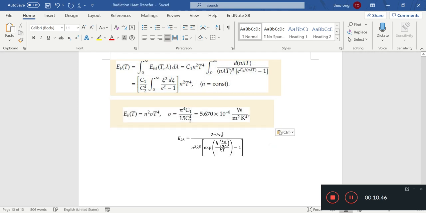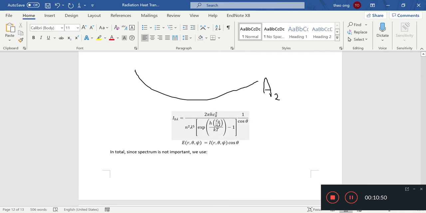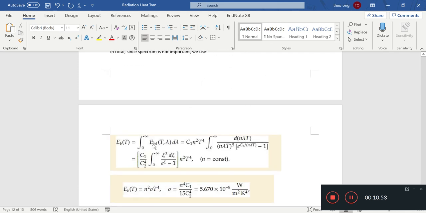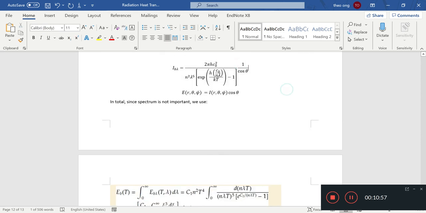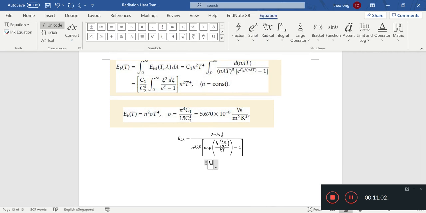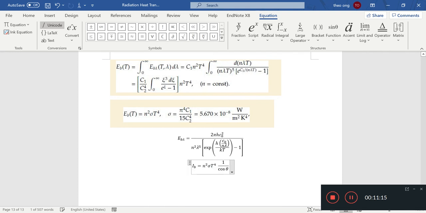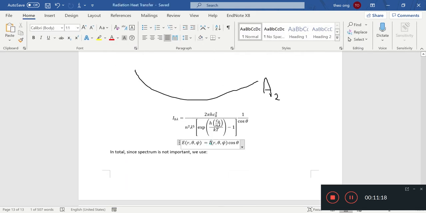This is integrating across all angles, and there's nothing to do with the directionality of it. So we can just say that I_B equals n squared sigma T to the fourth over pi, after integrating across all spectra, with the 1 over cosine theta because this is Lambert's law.